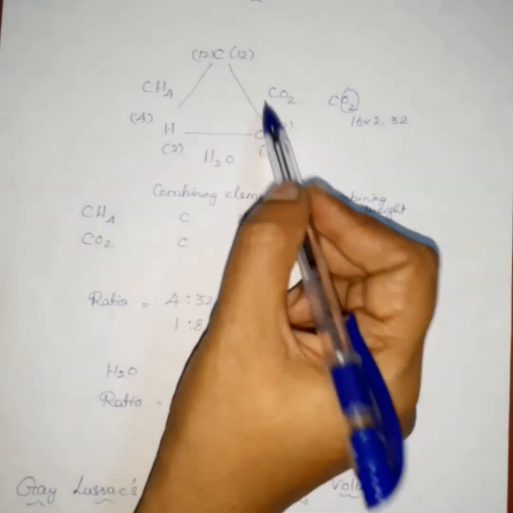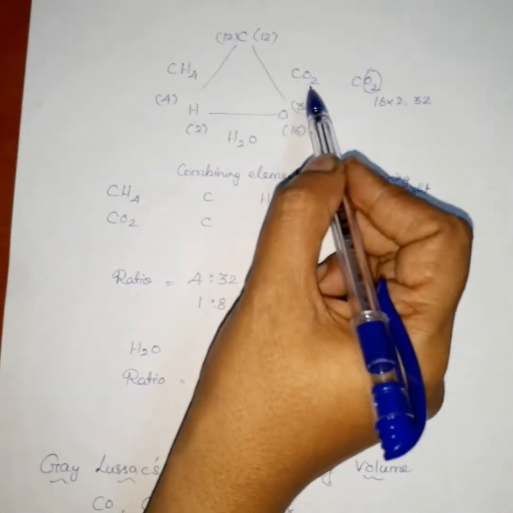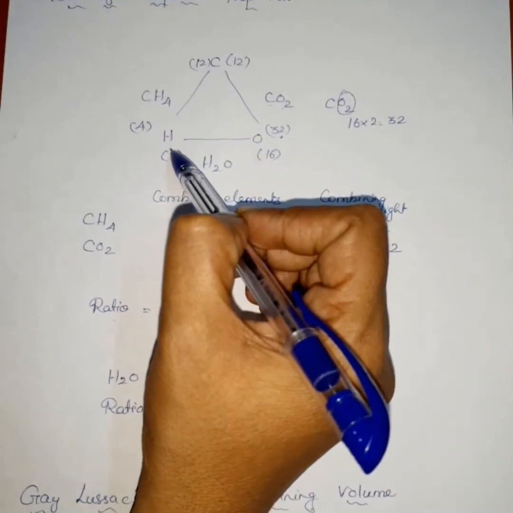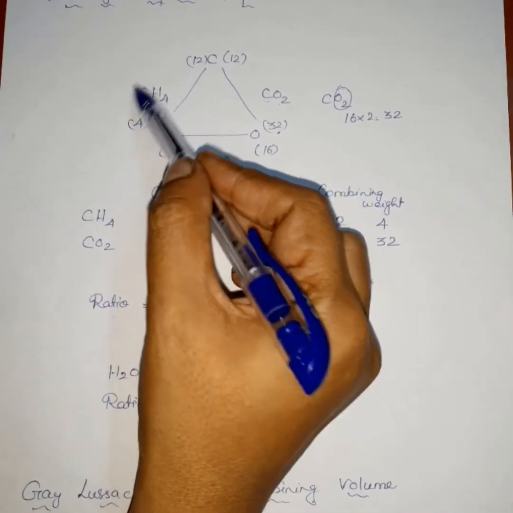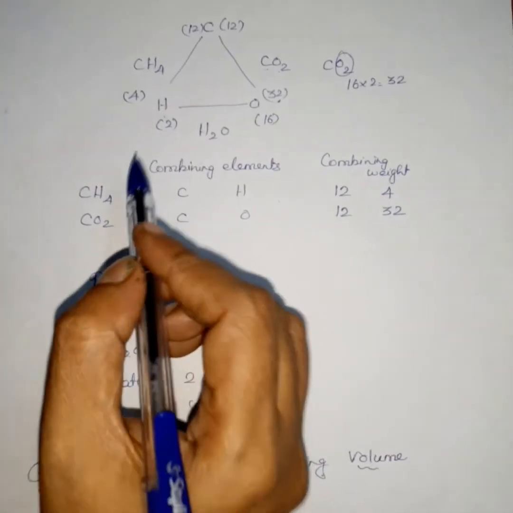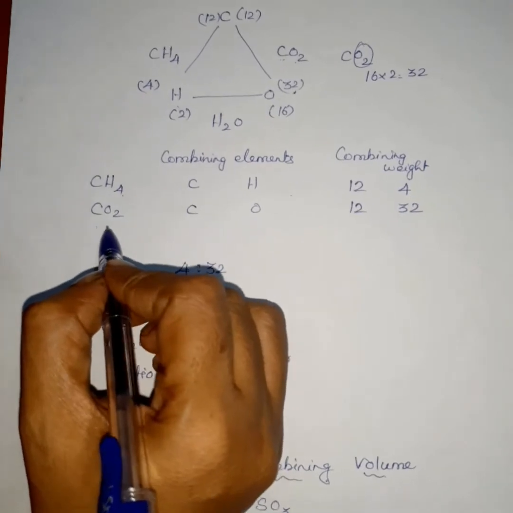Carbon plus oxygen combine together to form CO2, carbon dioxide, and carbon and hydrogen combine together to form methane, CH4. So the compound names: CH4, methane, and CO2, carbon dioxide.